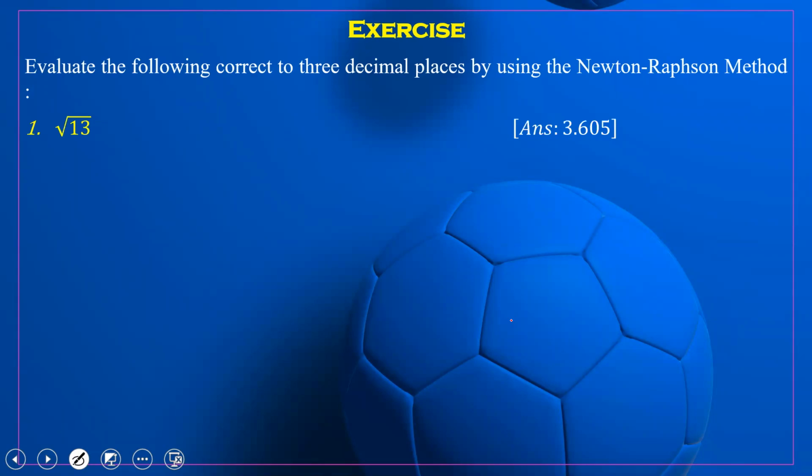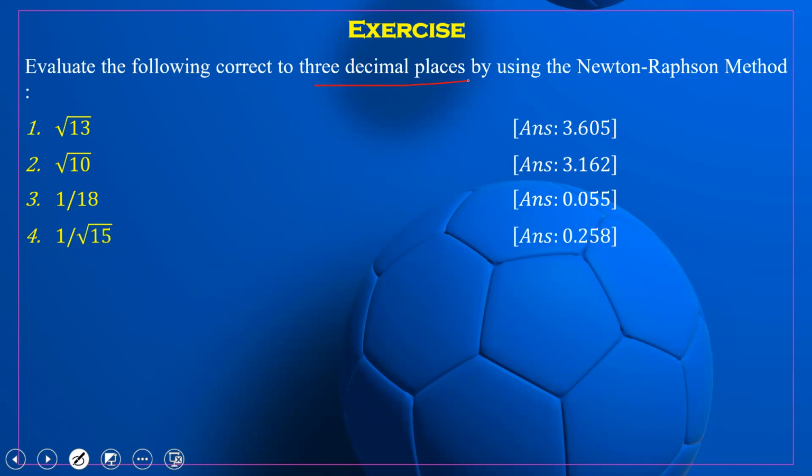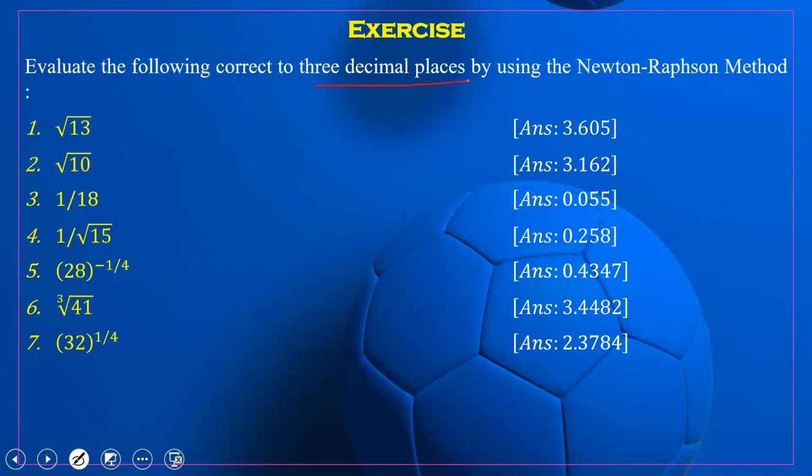Let us take the value of root 13, root 10 up to 3 decimal places, 1 upon root 18, 1 upon root 15, 28 to the power minus 1 upon 4, cube root of 41, 32 to the power 1 by 4, and so on. We can take such types of examples and solve them easily.